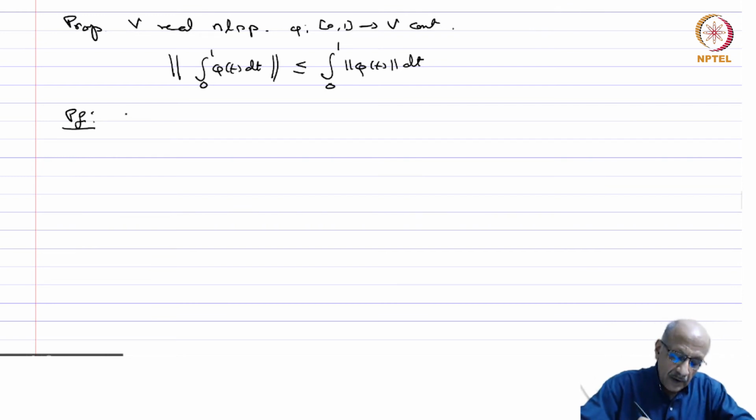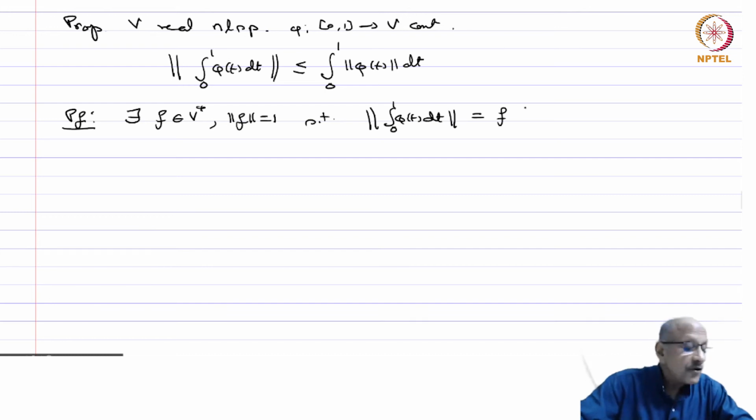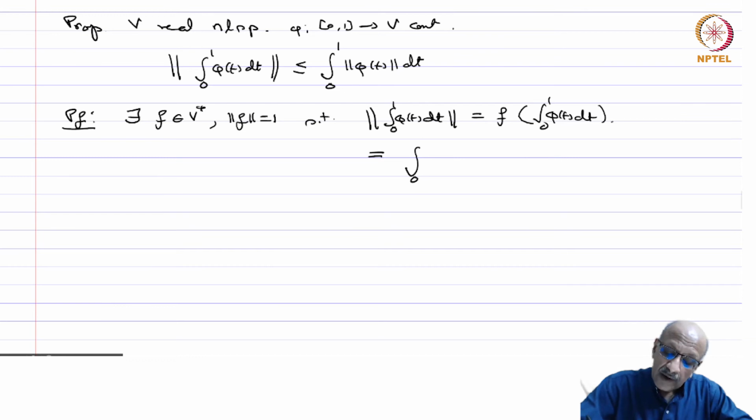So there exists f in V star, norm f equal to 1, such that the norm of the integral from 0 to 1 of phi of t dt is equal to f of the integral, and therefore this is equal to the integral from 0 to 1, by definition of the integral, of f of phi of t dt, which of course is less than or equal to the integral from 0 to 1, now a real valued integral, of mod f of phi of t dt.